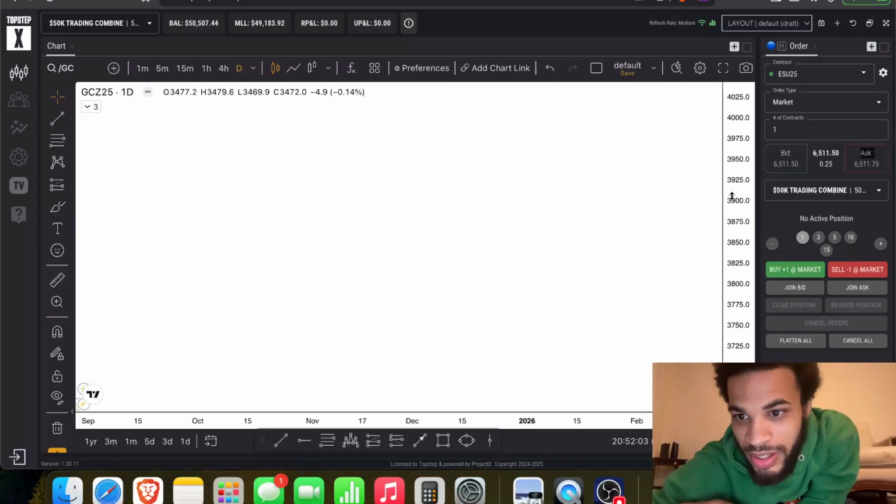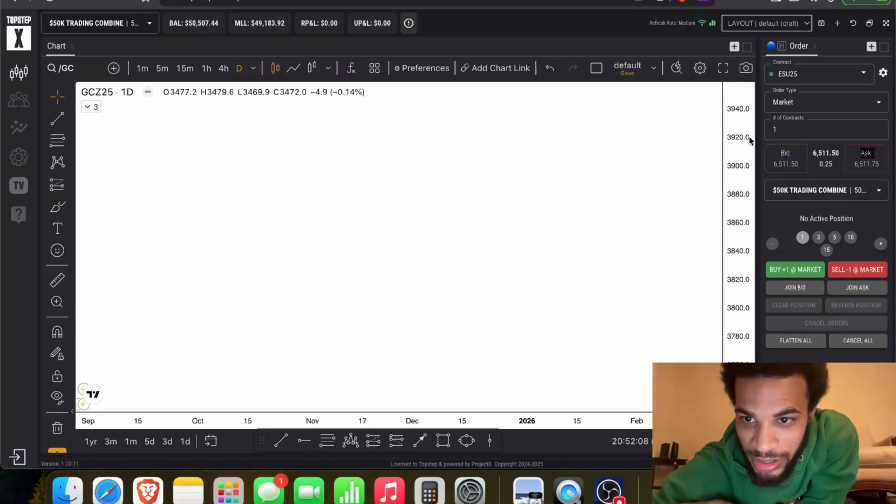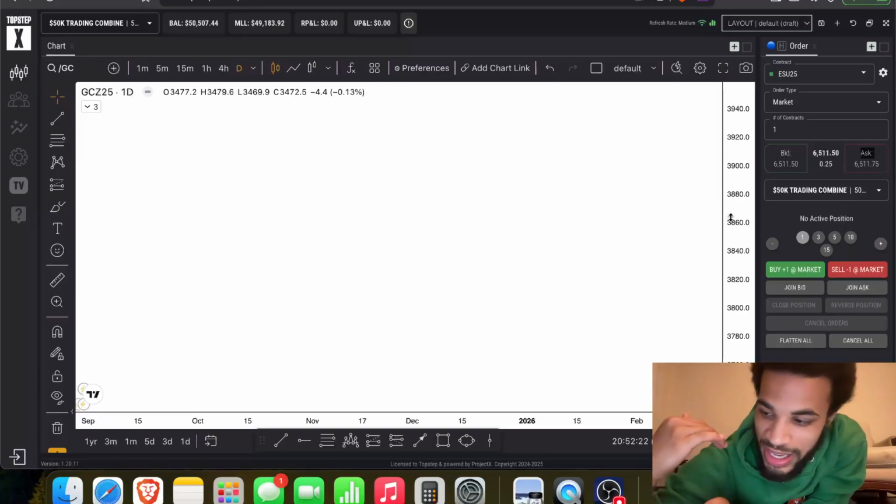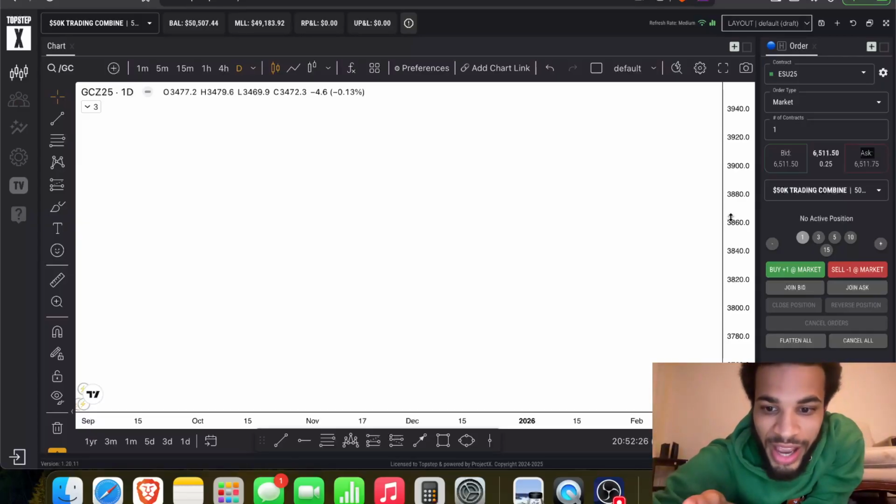All right. So when it comes to trading futures, it's all about these numbers here that you see on the side. These numbers right here on the right. All right. You see how at the bottom is 3760, 3780, 3800, 3820, 3840, 3860, and so forth as it goes up. When it comes to trading futures, there is an incremental price value that determines how much you're going to risk and how much you're going to make.